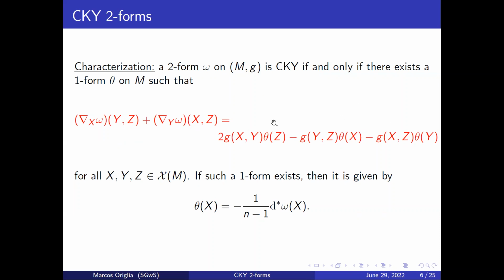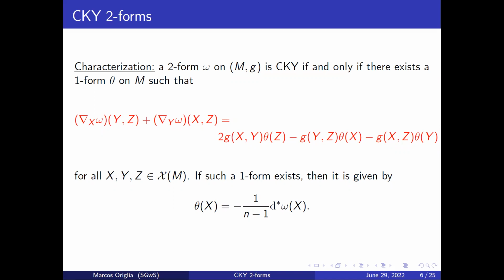Yes. Are there topological obstructions for existence on a compact manifold for, say, two forms? Sorry, I couldn't hear you at the end. Topological restrictions for conformal Killing forms, you said? For the existence of conformal Killing two forms.